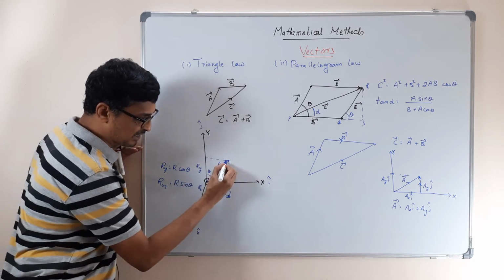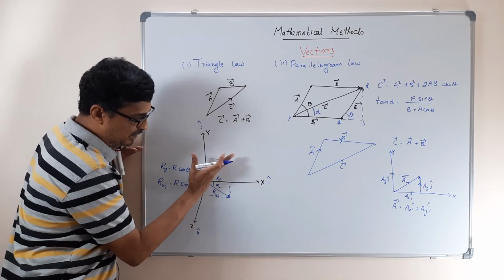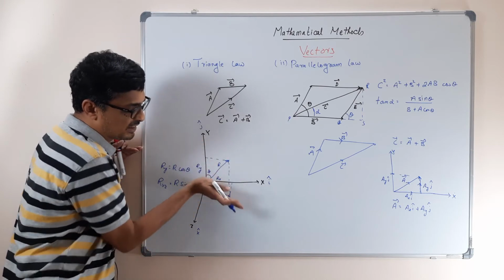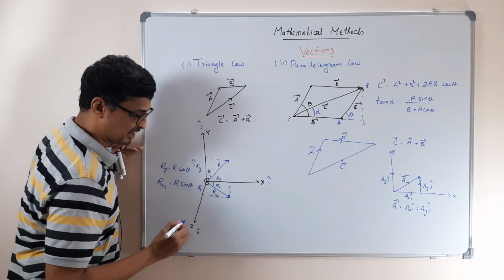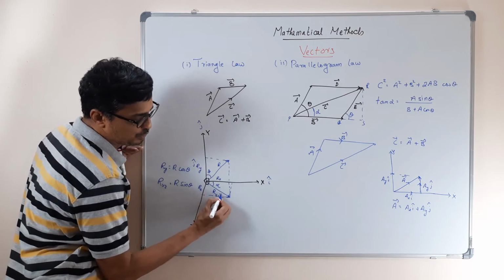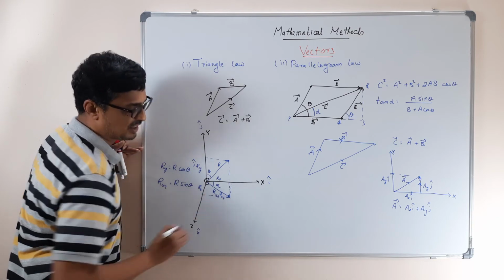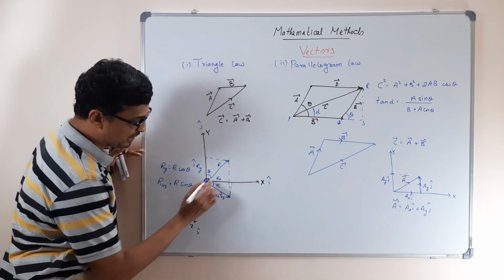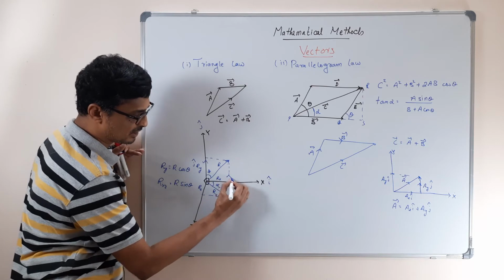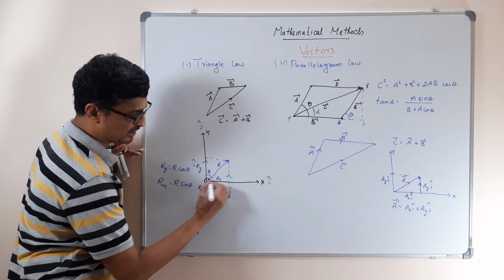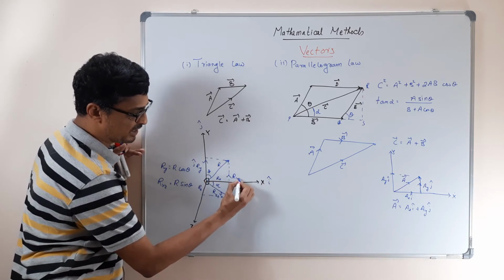Your R vector, when we resolve the R vector into Ry, this will be j cap and this can be Rxz cap. Correct? So this vector will be same as this vector. Let us take this triangle. This will be Ry j cap.